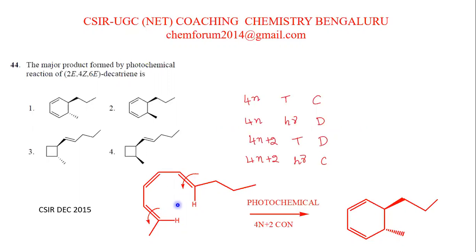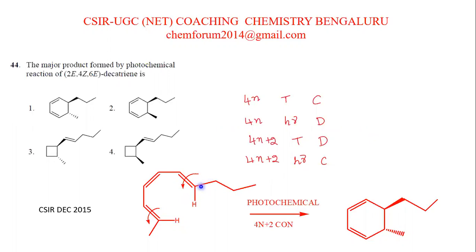But what is required here is that we need to do this in a conrotation fashion, because only this condition is allowed according to the Woodward-Hoffmann rules. A 4n plus 2 system under photochemical conditions must be either closed or opened through conrotation. So we will follow the conrotation for closing this pi electron system under photochemical conditions.